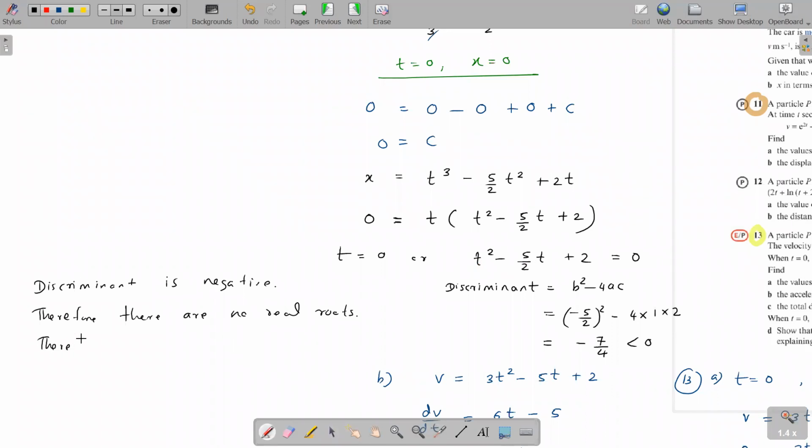Therefore, P never returns to O for any positive t value, because anyway you don't get negative t values. You only have positive time values, and for all positive time values, the particle will never return back to the origin. Is this clear?